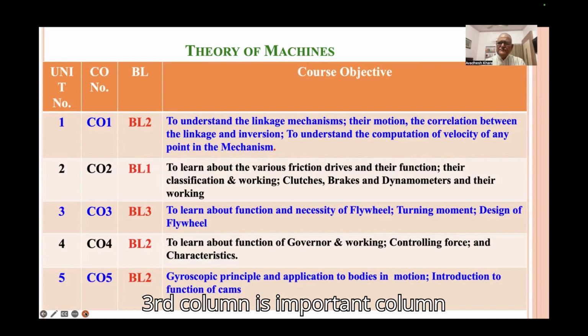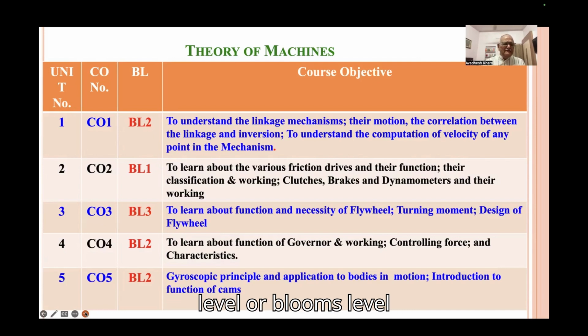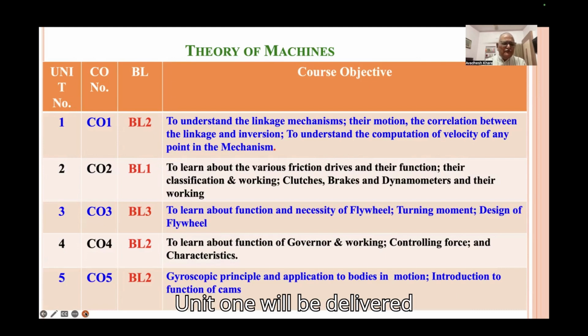The third column is the important column, which shows the degree of difficulty level, or Bloom's level, at which the course will be delivered. Unit 1 will be delivered at level 2, BL2, Unit 2 at BL1, Unit 3 at BL3, Unit 4 at BL2, and Unit 5 at BL2.